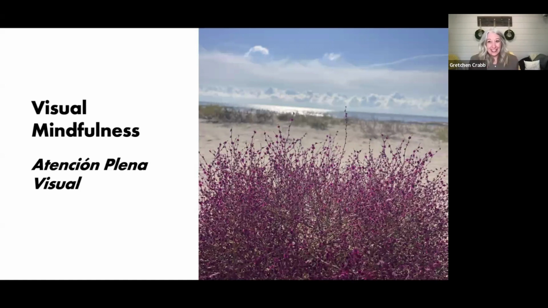Just because I suggest something doesn't mean it's right or wrong necessarily. It's just an idea, an example. What I'd really like you to do is think about your own cultural values around vision and visual environments, and how that may be the same and how that may be different for some of the children in your classroom.